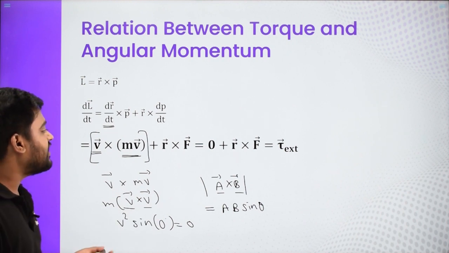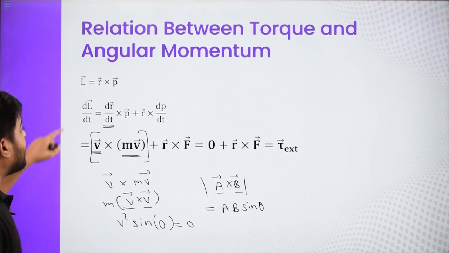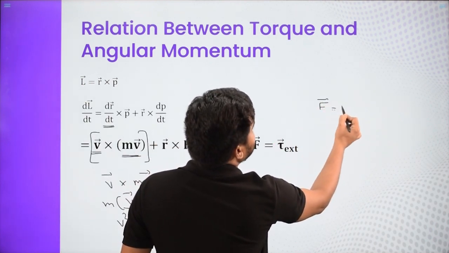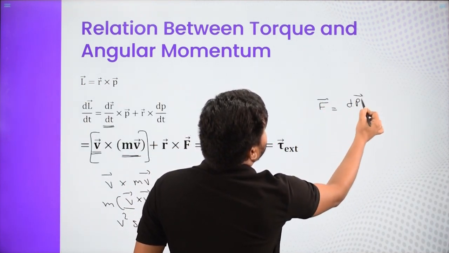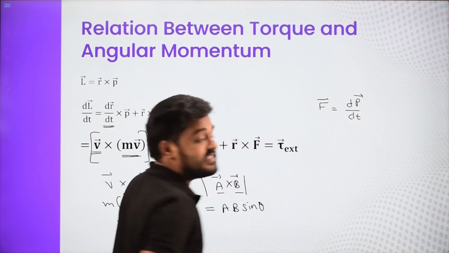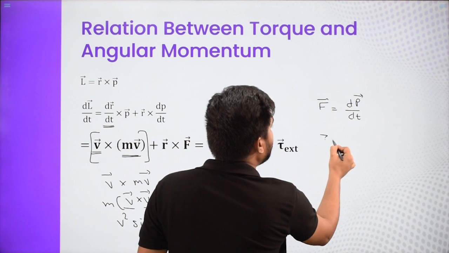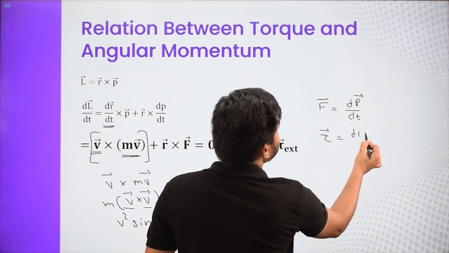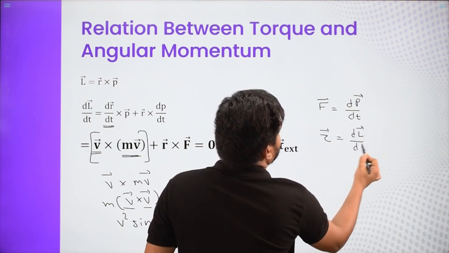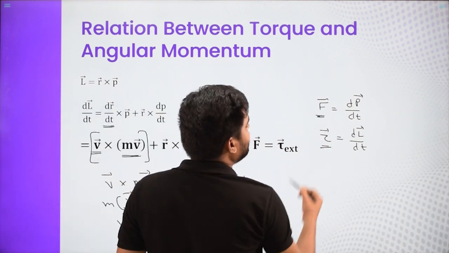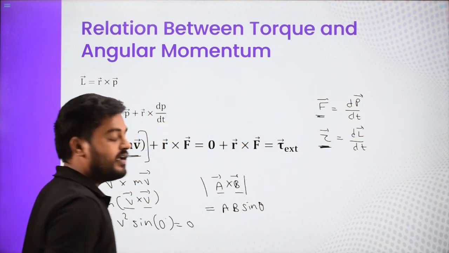So here, r cross F is what? Now how do we define our force? Our force is nothing but dp by dt. So force is the rate of change in linear momentum. Similarly, I can say my torque is the rate of change in angular momentum. So this is my net or external force, and this is my net or external torque.